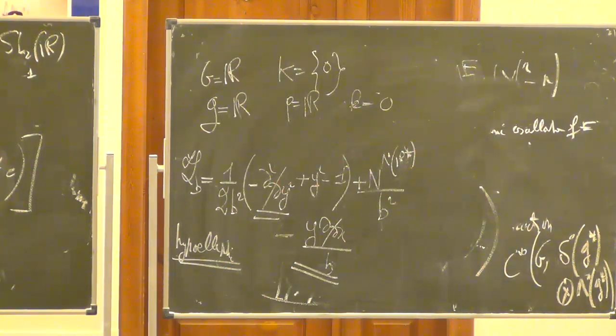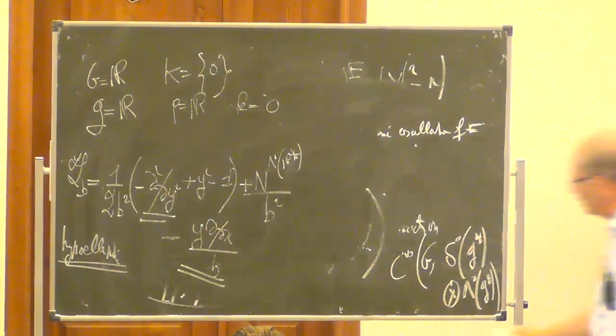So let me now consider a compact quotient of the symmetric space by the action of a discrete group.